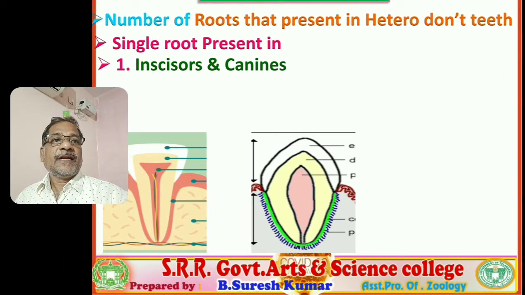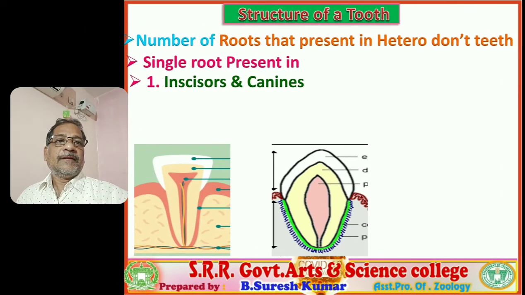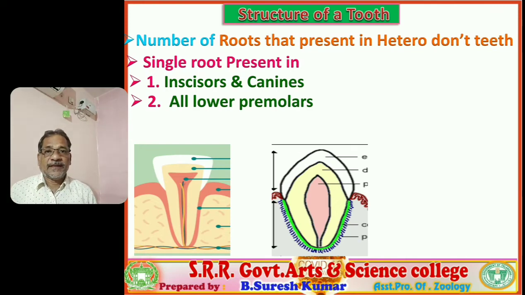Clear? Right. Next, besides incisors and canines, one more tooth also contains a single root, that is all lower jaw premolars.